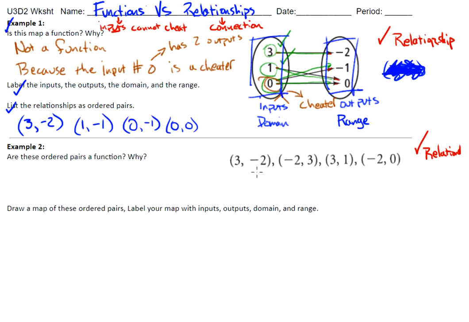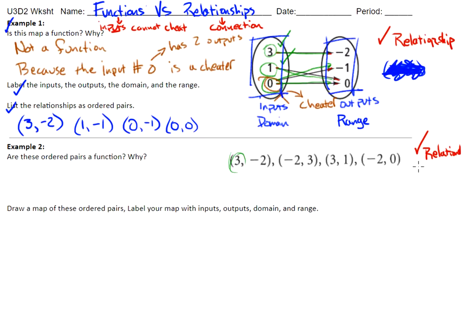Example 2, let's think about this. Are all these ordered pairs functions? We know it's a relationship. But let's actually do the same thing we did before. Grab my green pen. Let's check the 3. 3 is in a relationship with negative 2.